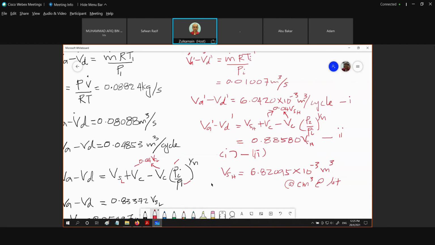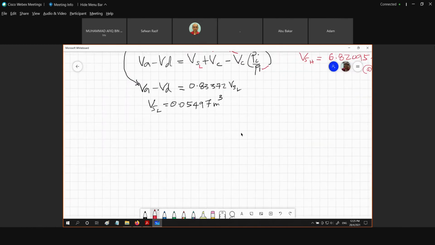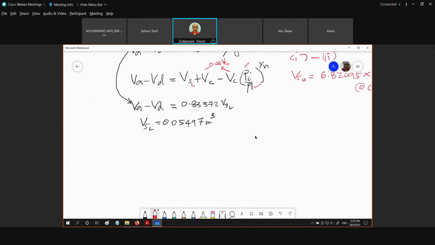And then after that, what we are going to do is to get the IP. Okay, number 3, the IP. So the IP consists of the IP for high pressure and IP for the low pressure. So this is equal to IP low pressure plus IP for the high pressure. So what is the IP for the low pressure?